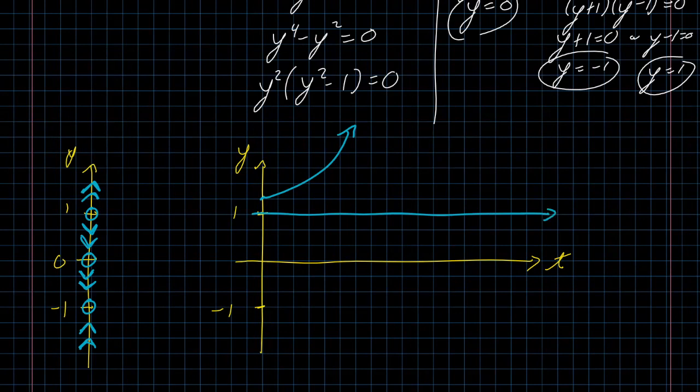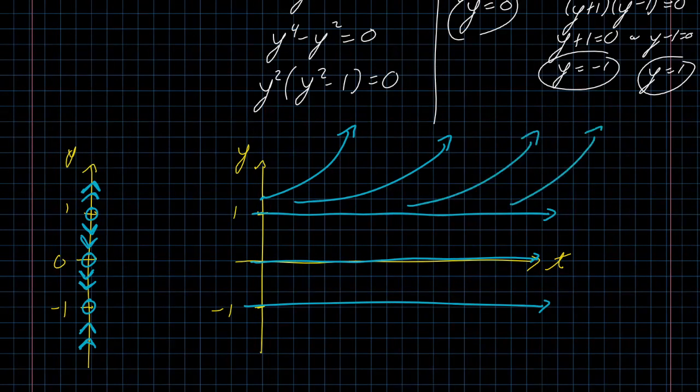And so that's going to give me a line that looks like that. Y prime is always 0 when y is equal to 0. So there's a solution that looks like that, and a solution that looks like that at -1 as well. All right. So always increasing is fairly straightforward up here at the top.